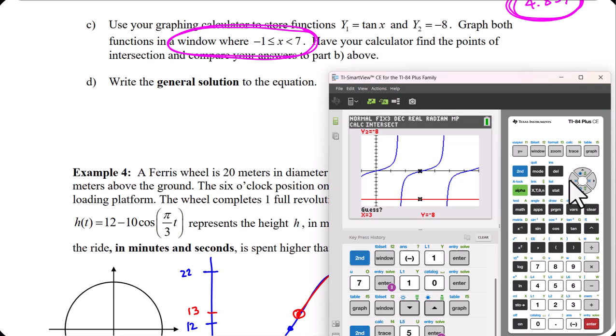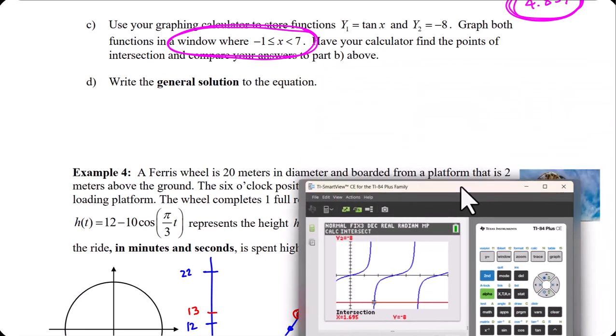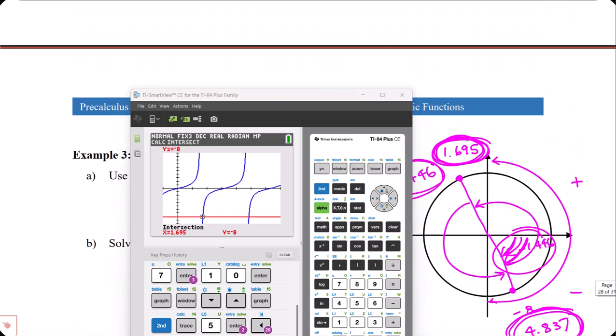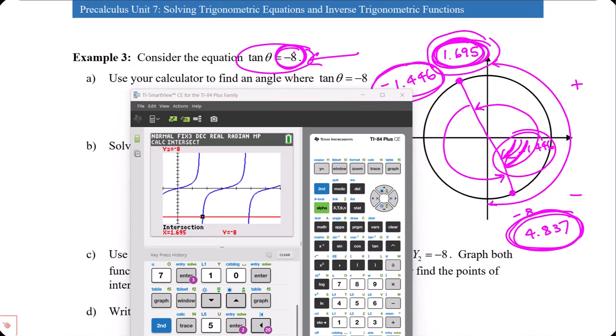And then guess, just move the cursor back to the left so it's kind of close to that point of intersection. Press enter a third time, and 1.695. Let's see. Is that what I had a moment ago? Yep, look at that. 1.695.